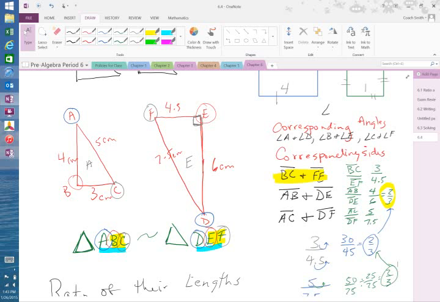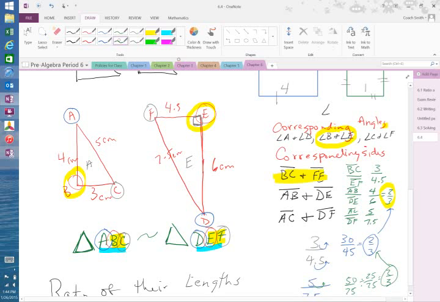We just said in our answers over here that angle B and angle E are corresponding angles. Corresponding angles have to be the same. They have to be the same measurement. So if this one, E, is 90 degrees, then that's what B has to be.